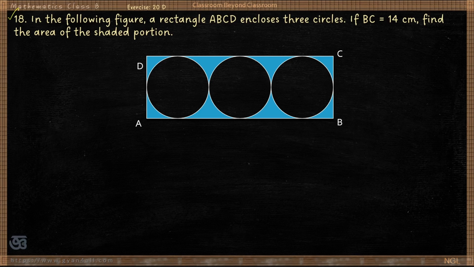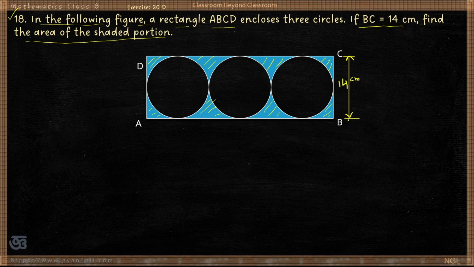Question number 18. In the following figure, a rectangle ABCD encloses 3 circles. If BC is equal to 14 centimeter, find the area of this shaded portion. We have to find the area of this shaded portion, and it is given that side BC of the rectangle is equal to 14 centimeter.